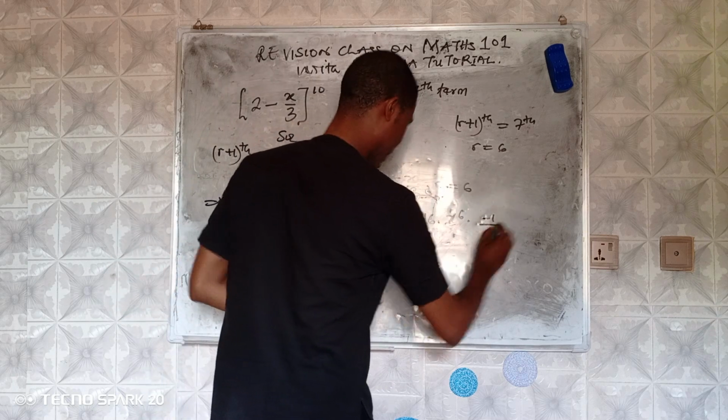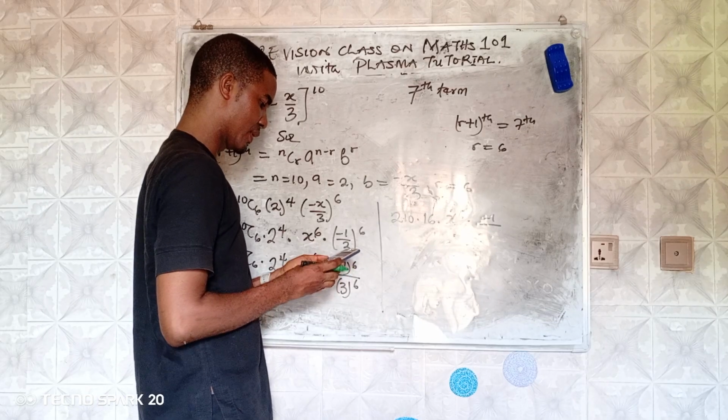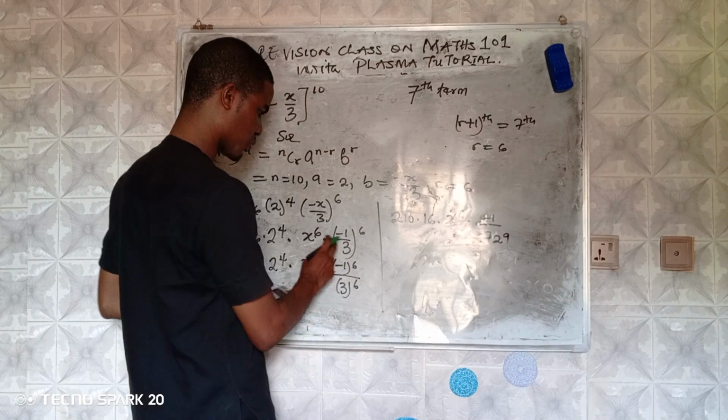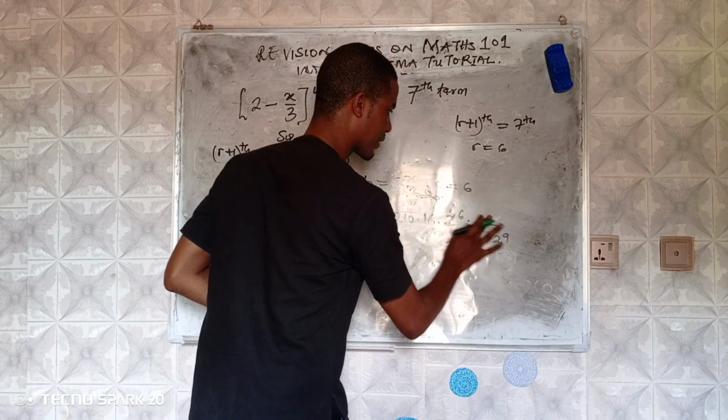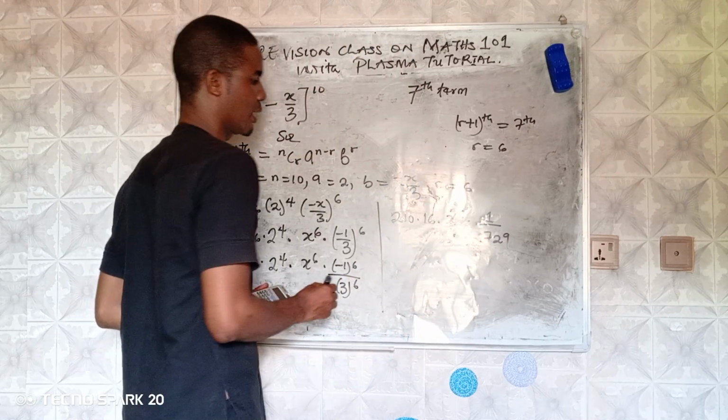Then 3 raised to power 6 will give me 729. Minus 1 raised to power 6 will give me positive 1, sorry.